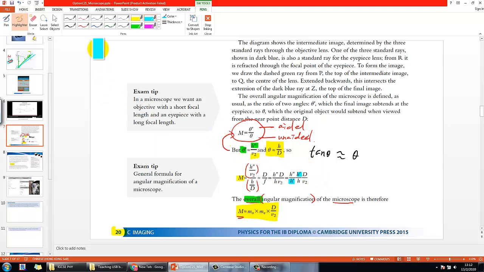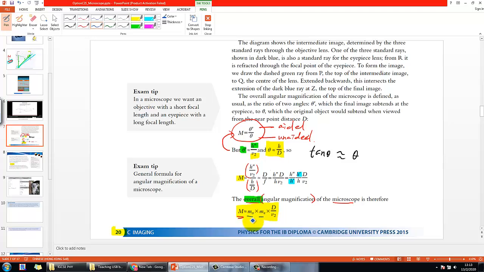The best part of doing this is you will find out the first one here, h prime prime divided by h prime, is actually the eyepiece magnification, and h prime over h is the objective lens magnification.